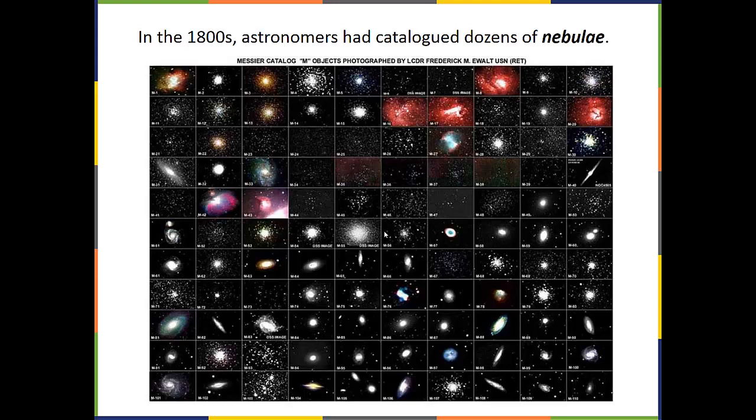There are a bunch of star clusters, including open clusters like M45, the Pleiades. Many of these are globular clusters. There are star-forming regions like M42, the Orion Nebula.